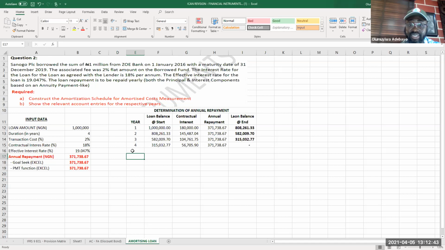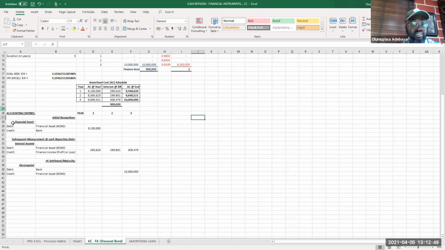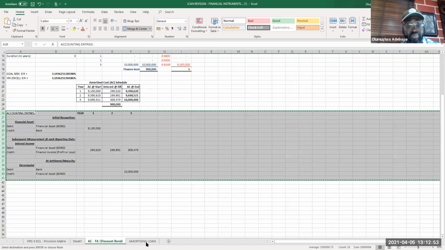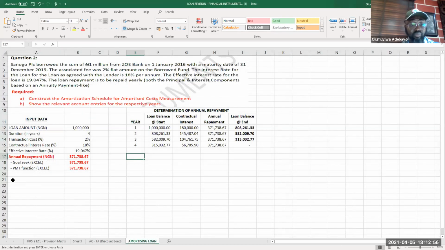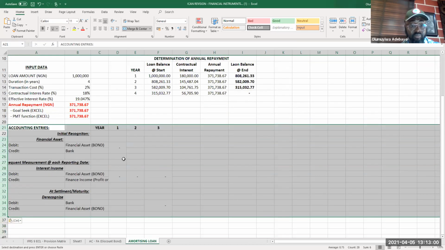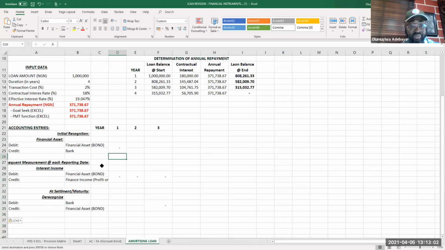Now, we've not done anything. What we need to do is this accounting entry, and it requires us to do some things. There are 4 years in this case.